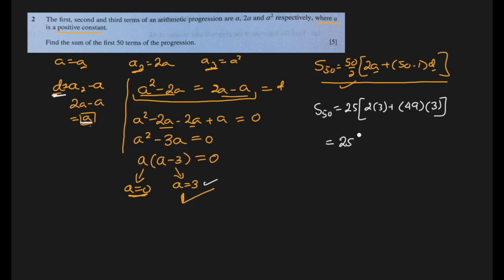So 25, 6 plus 1, 47, 25 times 153. And that will be how much? 3825 is the sum of 50 terms of this AP.